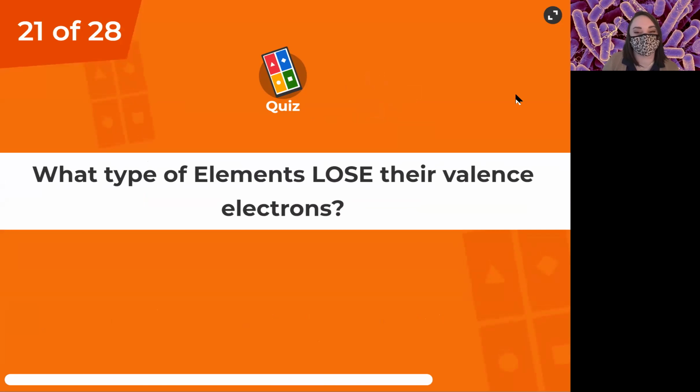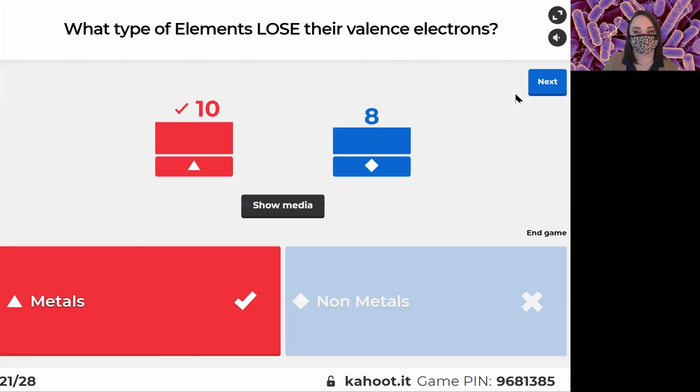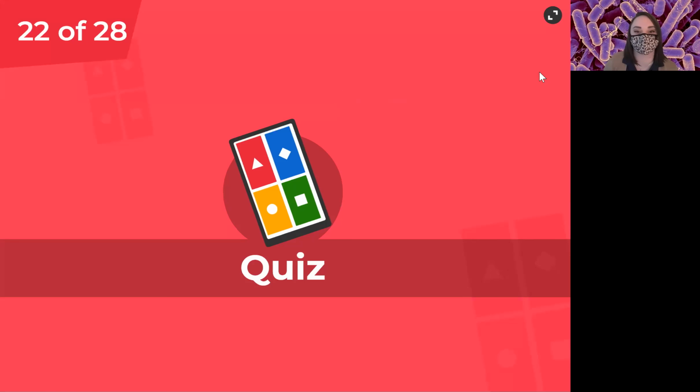What type of elements lose their valence electrons? Good, metals. So it's the stuff again on the left-hand side of the periodic table.